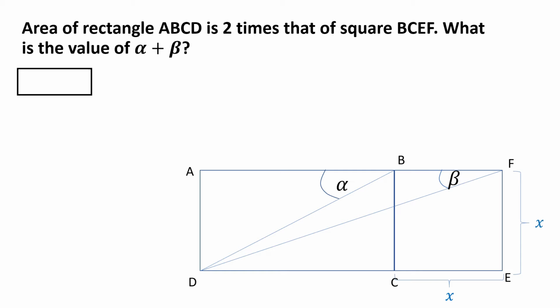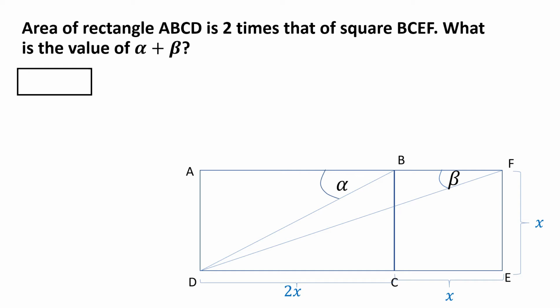Now, it's given that the area of the rectangle ABCD is 2 times that of the square BCEF. And the rectangle obviously shares a common side with the square. So the longer side of the rectangle, DC, must be equal to 2 times the side of the square, so that its area can be 2 times that of the square, because the area of the square is x square, and then the area of the rectangle will be x, because x is one of those common sides, multiplied by 2x, so that would make its area 2x square.